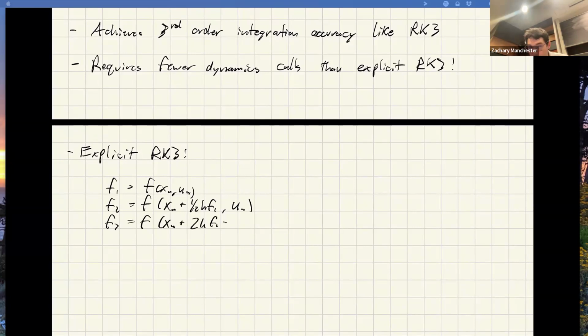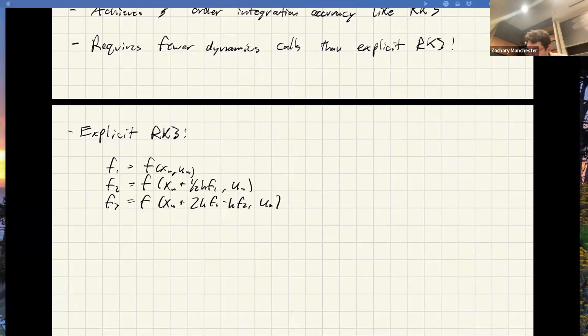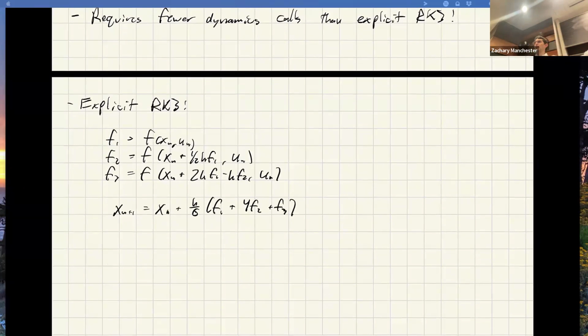I'm just writing it down for us to take a look at. So this is an RK3 step, very similar to RK4. It needs 3 dynamics evaluations per time step, which all makes sense. That's all obvious.